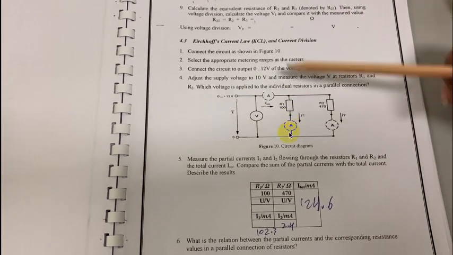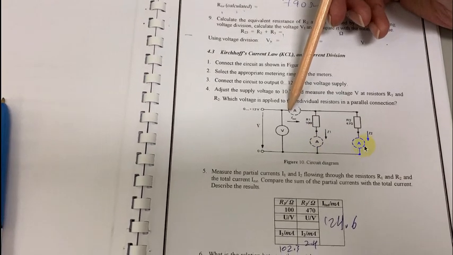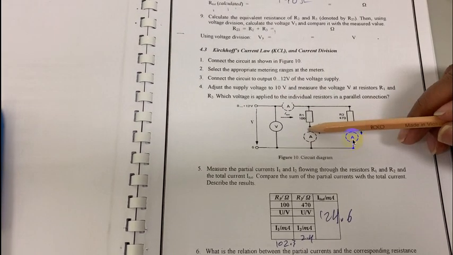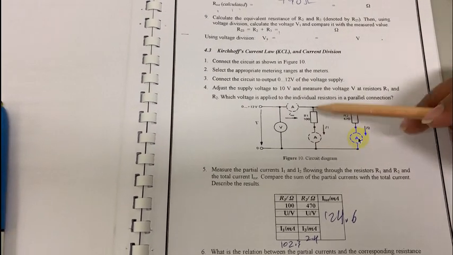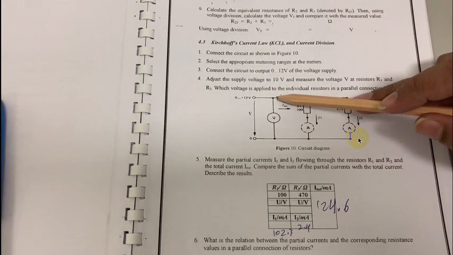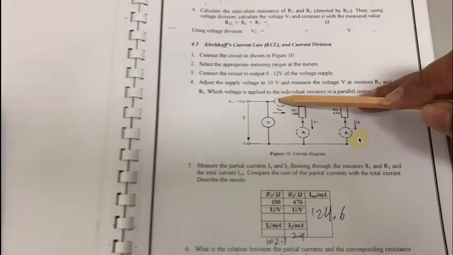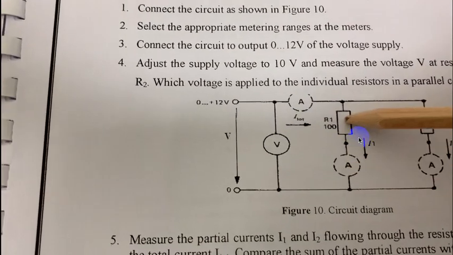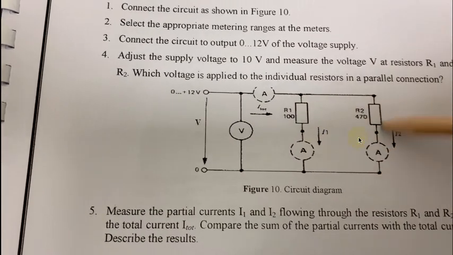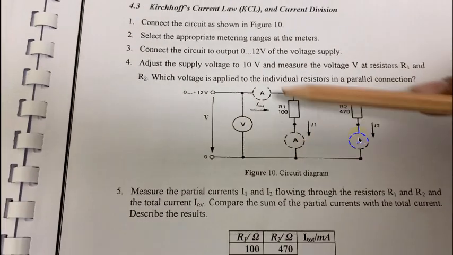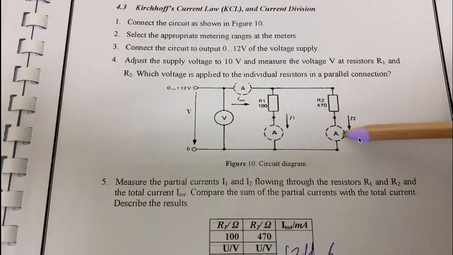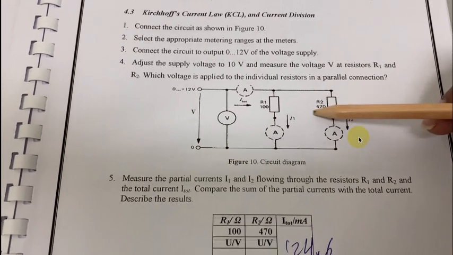I will measure it with this ammeter, and I2 I will measure with this ammeter. So it is I total, then short it. Calculate I1, then short this. Then short these two and take I2 here.